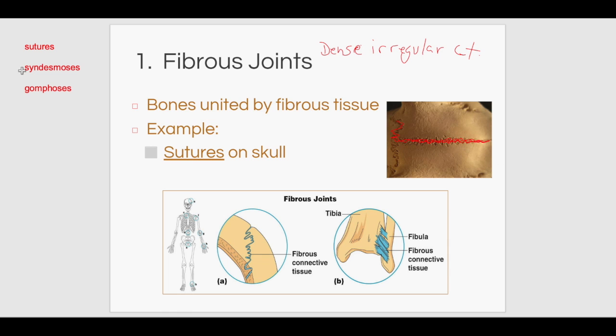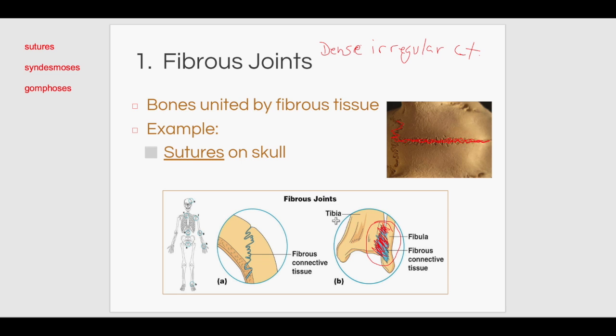The next type of fibrous joint is called a syndesmosis. And again, dense irregular connective tissue. The fibers are quite a bit longer, forming these ligaments that will hold together bones that are really not moving. So there's not much motion here, but there is a tiny bit of movement, and essentially it allows for some stability while providing a little bit of give.